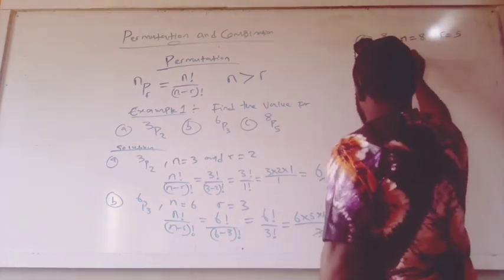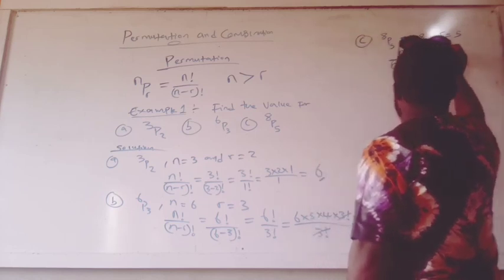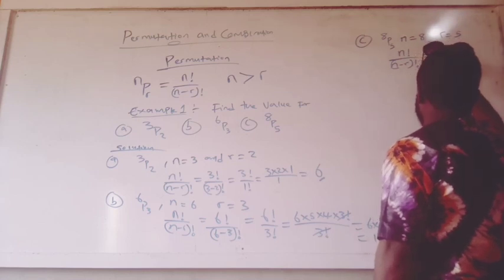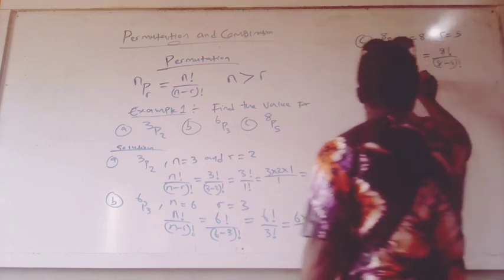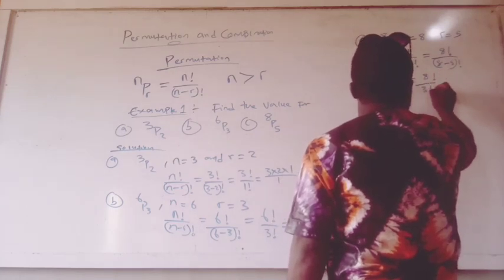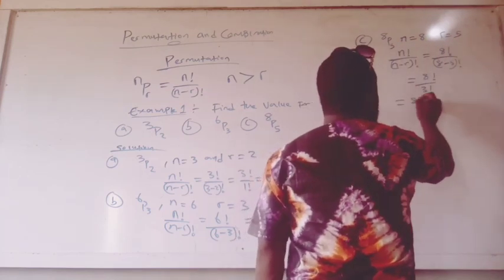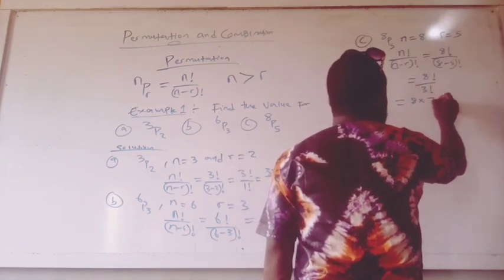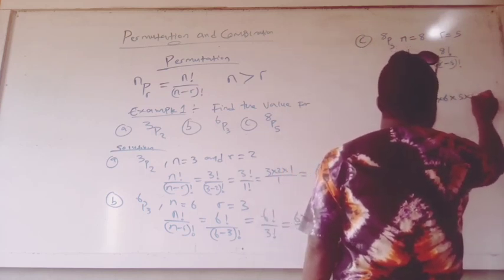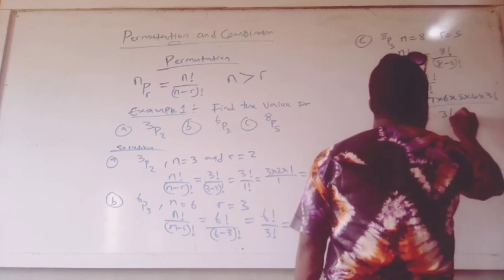Using n factorial all over (n minus r) factorial to give us 8 factorial over (8 minus 5) factorial, which will give us 8 factorial over 3 factorial. And that will give me 8 times 7 times 6 times 5 times 4 times 3 factorial over 3 factorial.